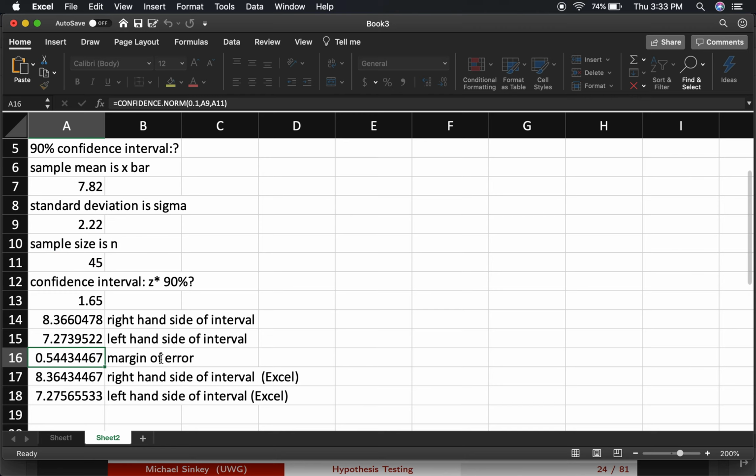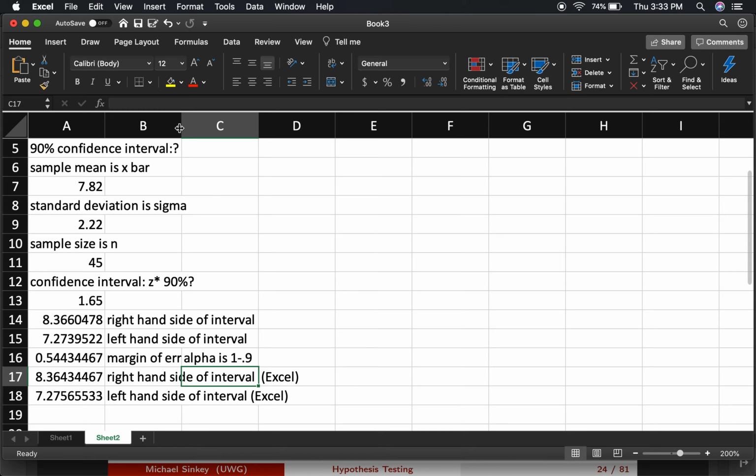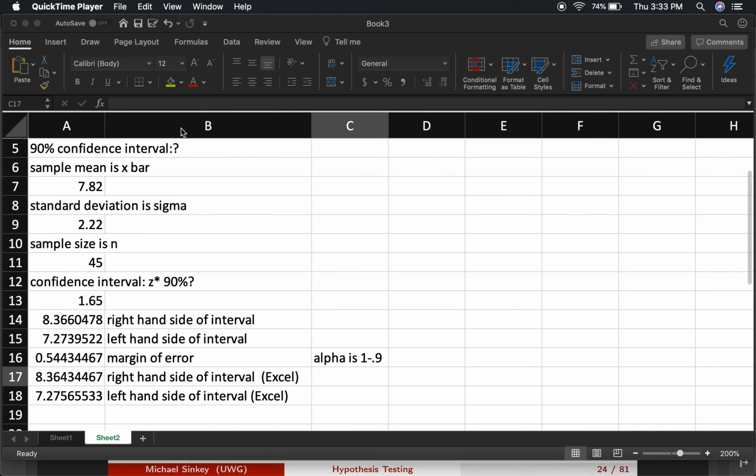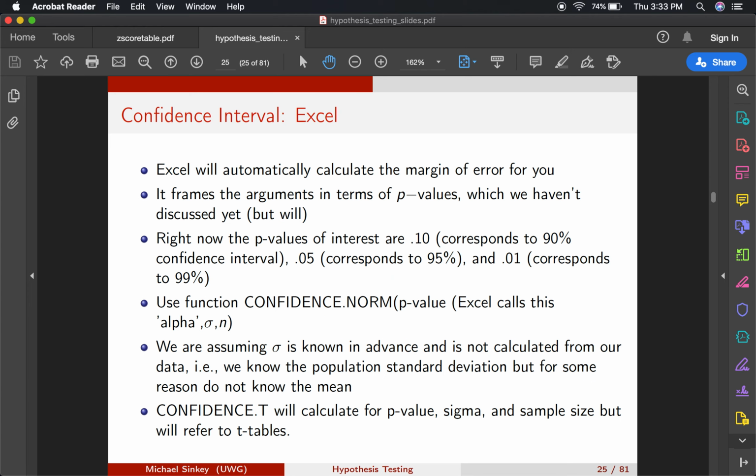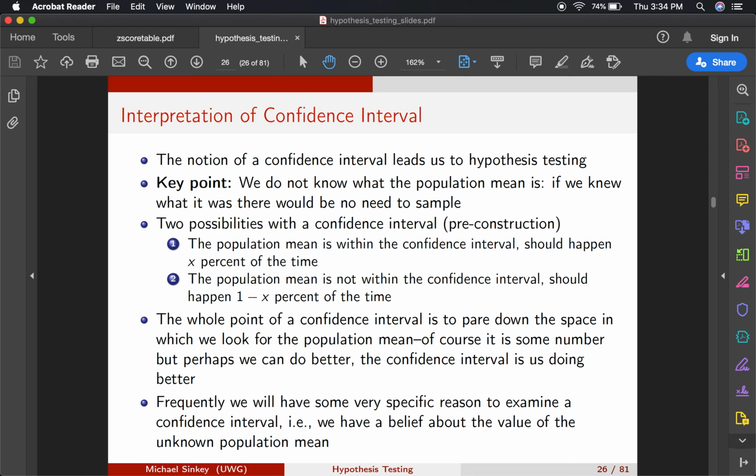Alpha is 1 minus 0.9. So Excel automatically does this for us.